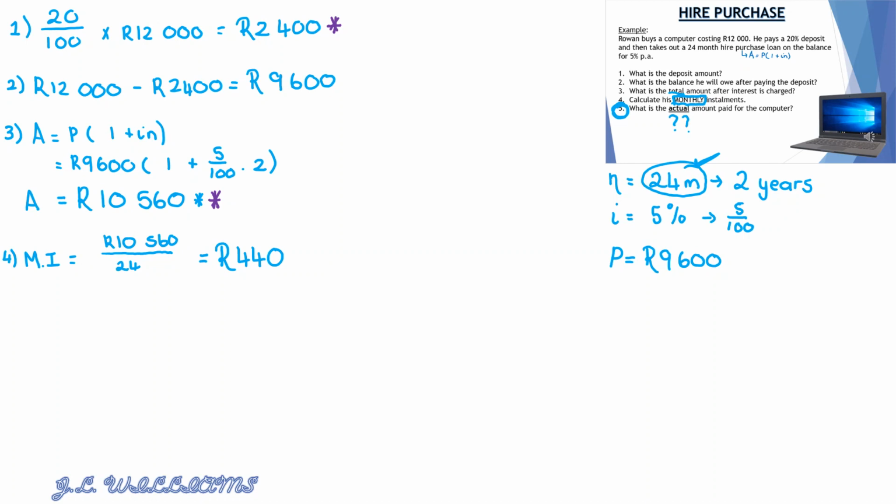So all in all, what Rowan will pay for this computer is going to be his deposit amount plus the repayments. So the actual amount he pays is the 2,400 he paid up front plus the 10,560 Rand he pays at the end of the 24 months. And so this answer gives us 12,960 Rand. That is what he pays for this computer as a whole.